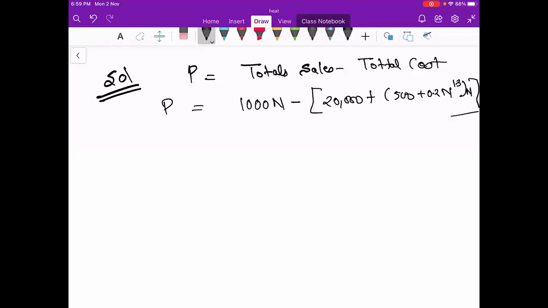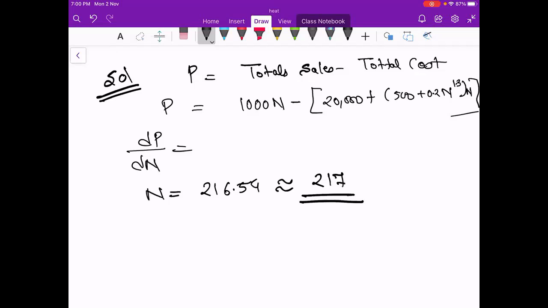So this is profit, and you want to maximize. When you want to maximize or minimize, what do we do? We just differentiate, dP by dn. That's it. When you solve this, n comes 216.54. So obviously the answer will be 217.